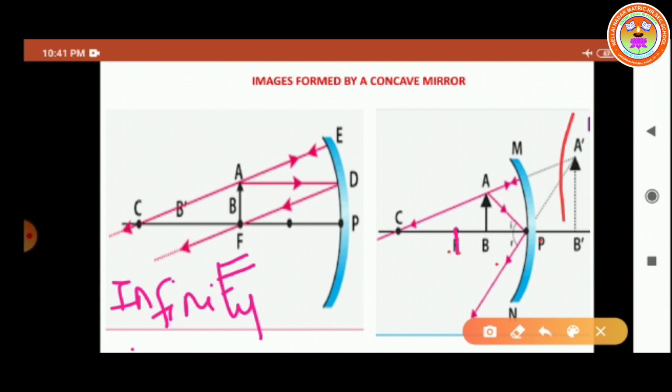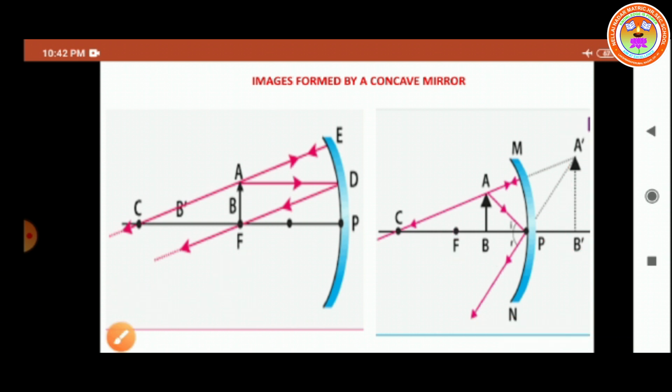What kind of image is this? This is taken as a virtual image. It's imaginary. It gives us a magnified image only. So in between the principal focus and the pole of the mirror, the image can be produced behind the mirror only. What is the size of the image? Magnified. And what is the nature of the image? Virtual and erect. Do you understand, children?